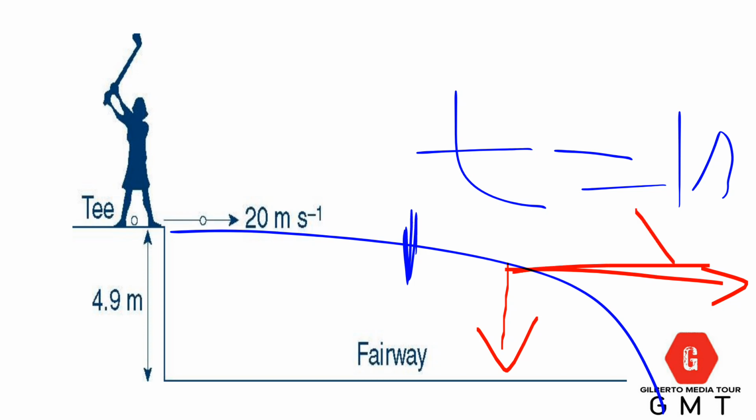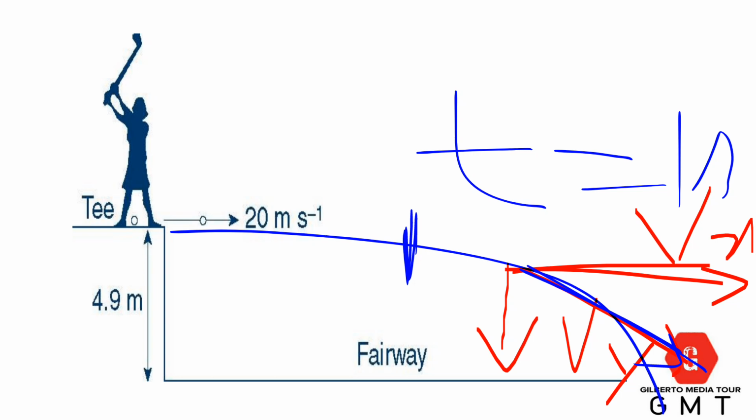This is Vx, and this is Vy, so it is very easy to find the resultant velocity. The resultant velocity, tangential to the path, is what we are now asked to find.